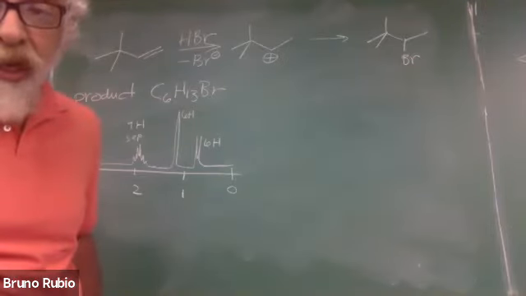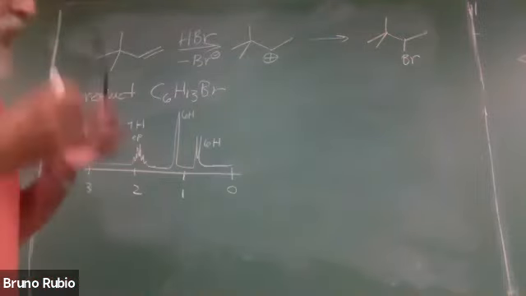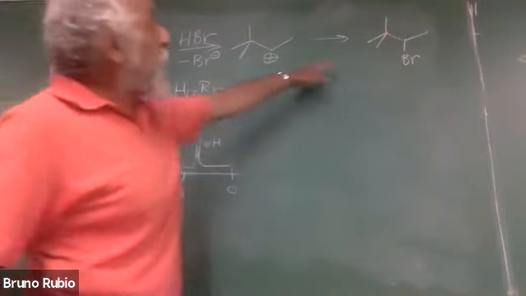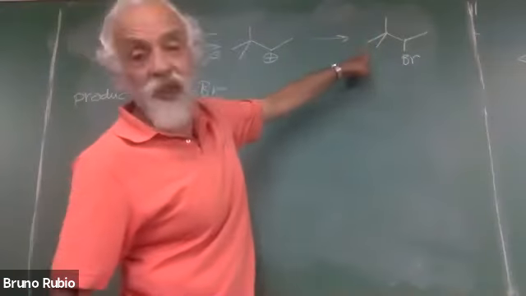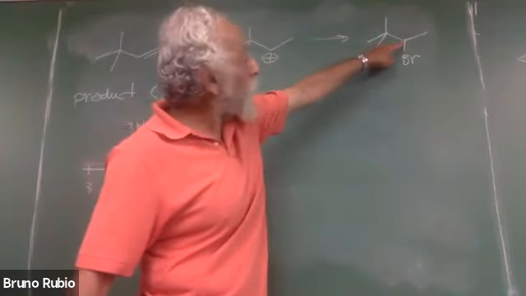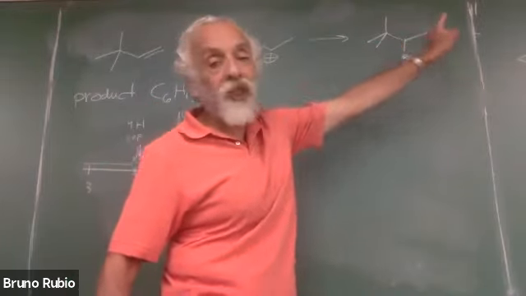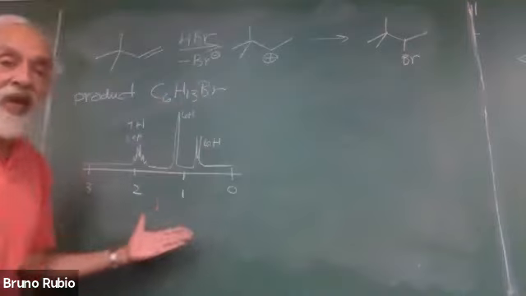Oh, very good. Lots of people said no. Well, this guy is going to give a 9 hydrogen singlet. It's going to give a 1 hydrogen quartet, and it's going to give a 3 hydrogen doublet. I didn't see any of that here.